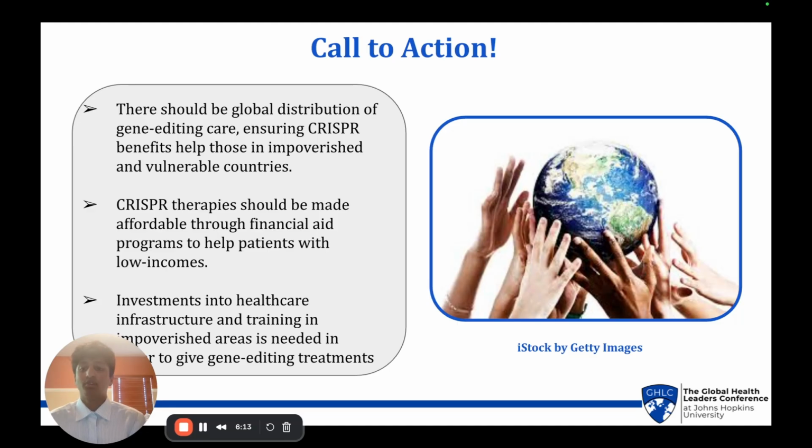Investments into healthcare infrastructure and training in impoverished areas is needed in order to give gene editing treatment for everyone, even those who live in very wealthy areas but who have low incomes or live in very poor countries, third world countries. And this image to our right essentially shows everyone coming together in order to listen to this call of action and help those who have the sickle cell anemia and get CRISPR treatment to those who have it.